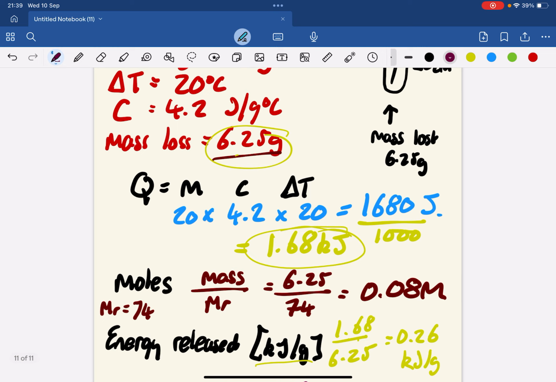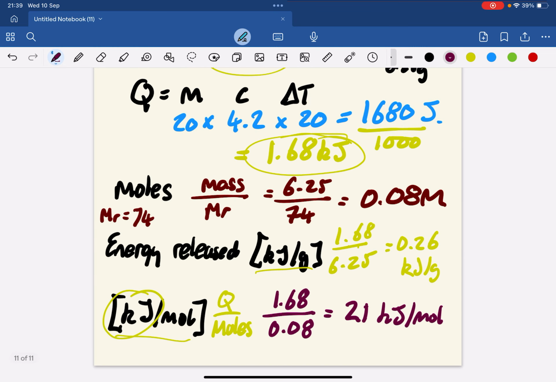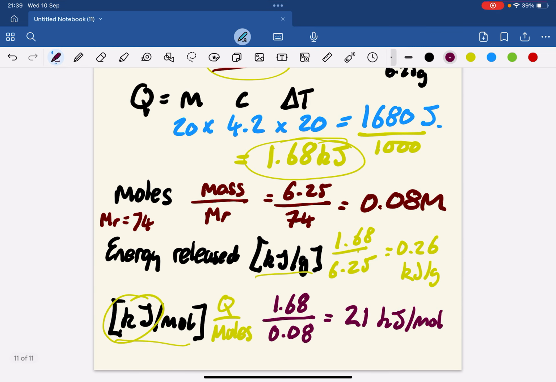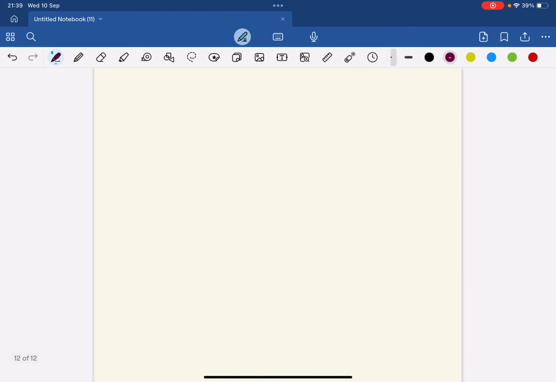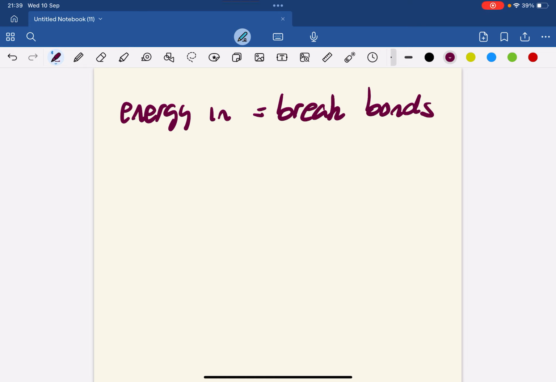Now, this is combustion, an exothermic reaction. It's worth remembering that in a reaction, when energy goes in, it breaks bonds. When energy is released, like in combustion, so energy out, it's when bonds are formed.